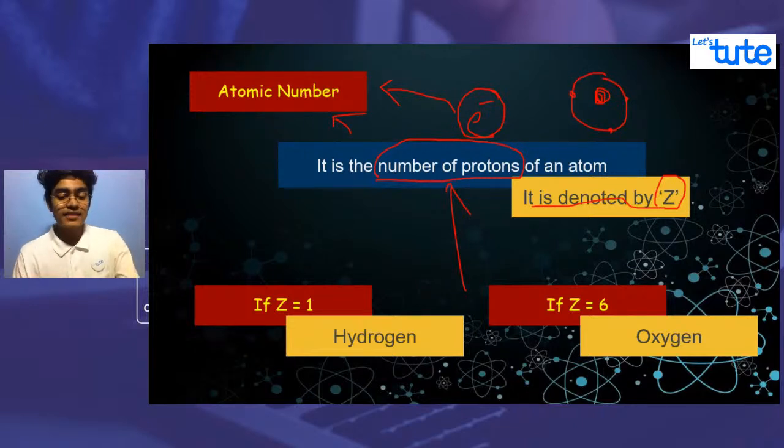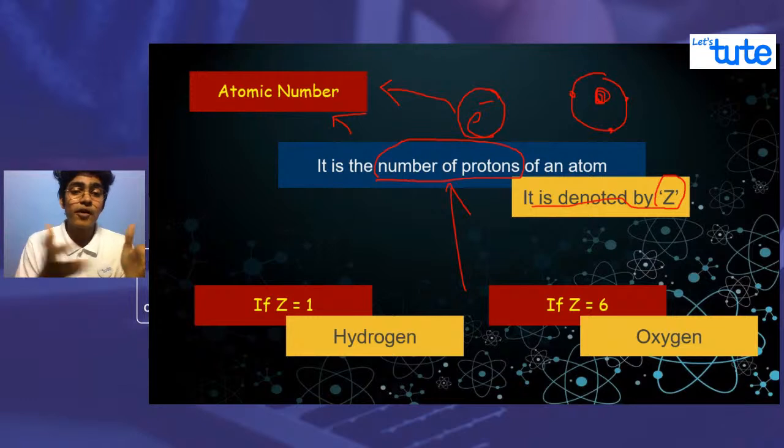This can be asked as a give reason question. Both the numbers are the same, that is, number of protons and number of electrons are the same in an atom. Therefore it makes it neutral, right?